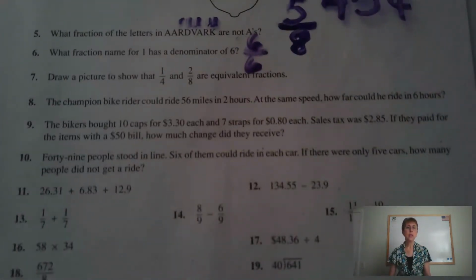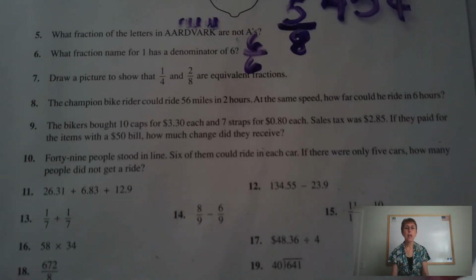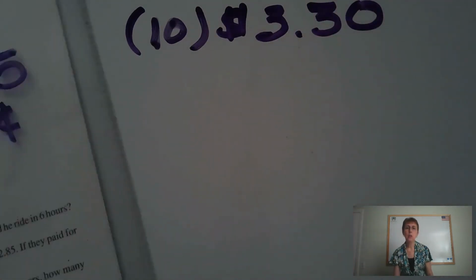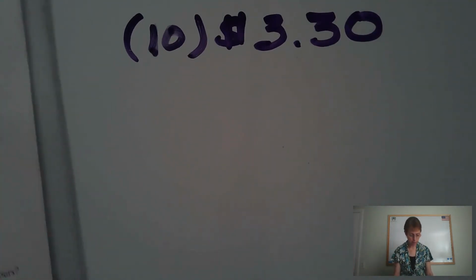And so we see the bikers bought 10 caps for $3.30 each. So we have 10 caps at $3.30 each. We're just going to sort of list out our information.